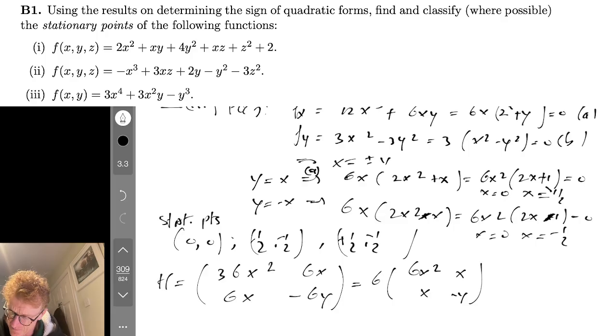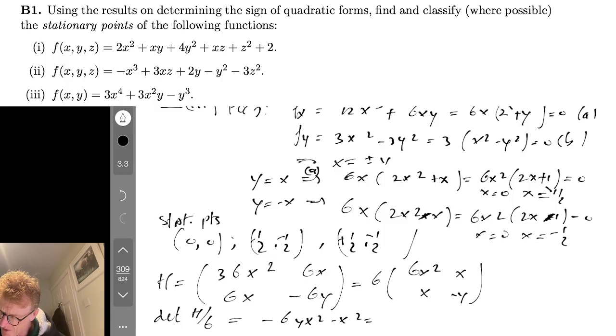So that h over 6 is minus 6y x squared, minus x squared 6x, so that is minus x squared 6y plus 1.